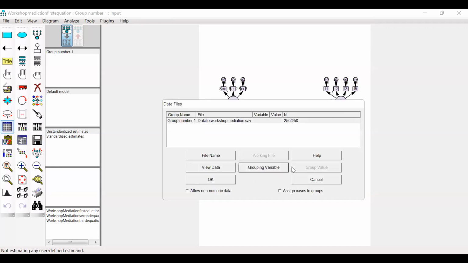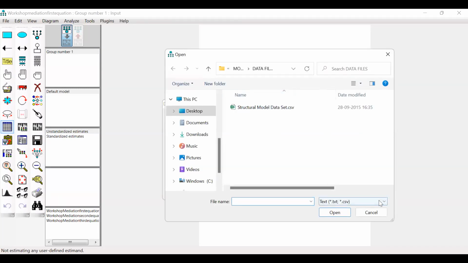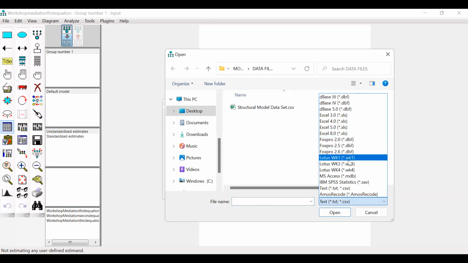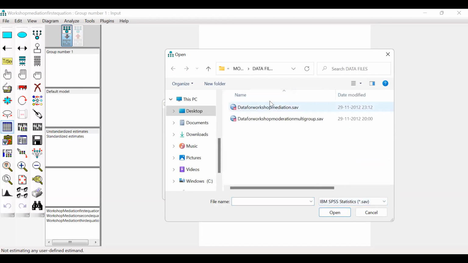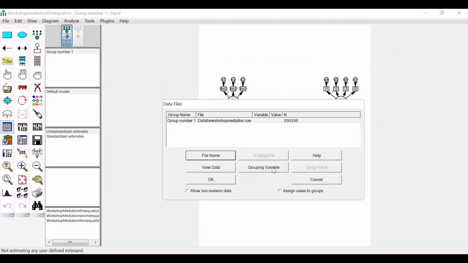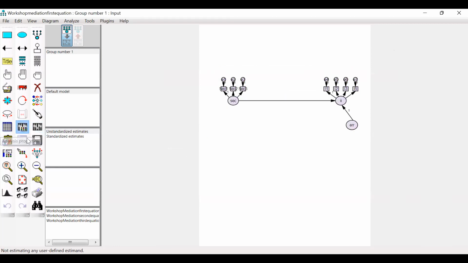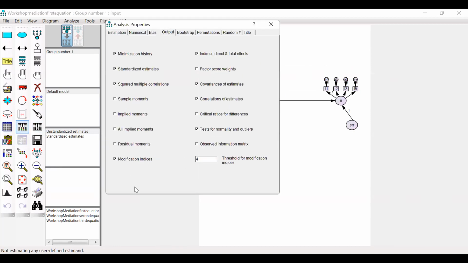You go to the data file. Select the data file. Once it shows the numbers in N, you click on OK. Go to the output and select those things which you need to select: the same things, 1, 2, 3, and 8 on the left hand side, and 1, 3, 4, and 6 on the right hand side.